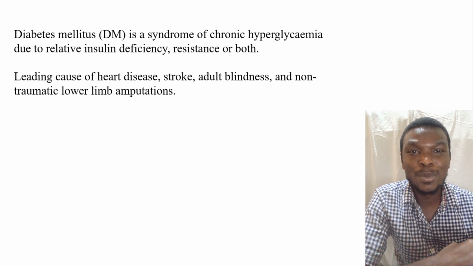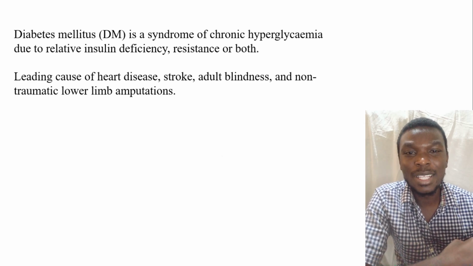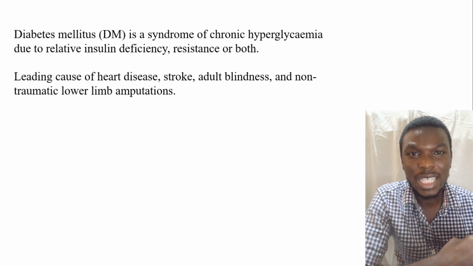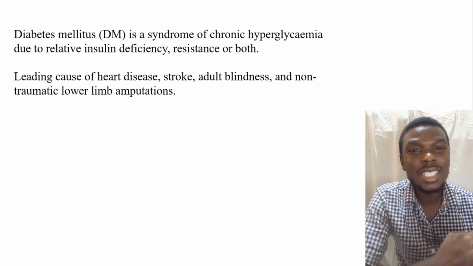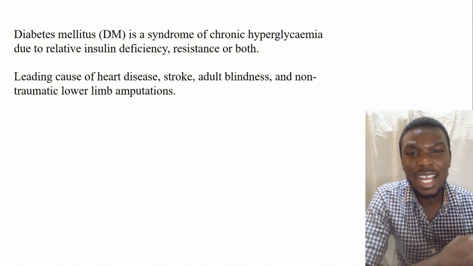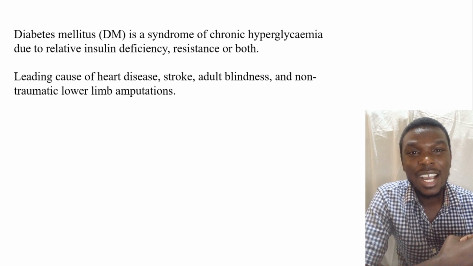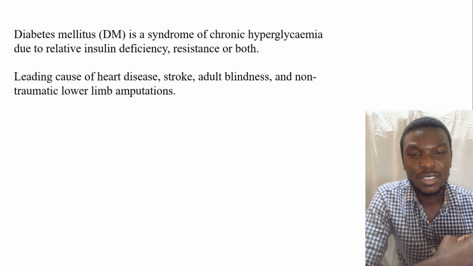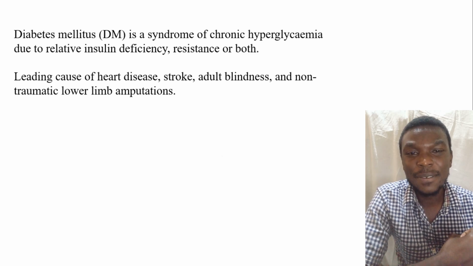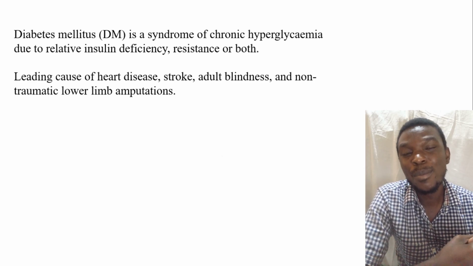They are able to produce the insulin, but they have poor response to it. And then you have other patients that have both. They are producing less or not producing, and the insulin that is available in their system, the cells are poorly responding to. So there's insulin deficiency and resistance, or both.